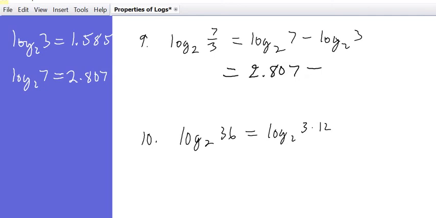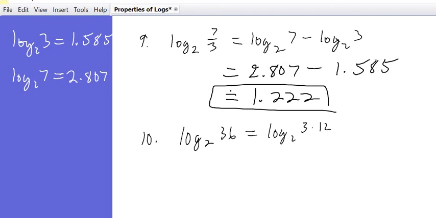If you don't have your book, in the instructions, it tells us to approximate log base 2 of 3 as 1.585 and log base 2 of 7 as 2.807. So I'm not just making this stuff up. So then we can simplify 2.807 minus 1.585 comes out to be 1.222. All right? So that's just a little exercise that the book has us do.